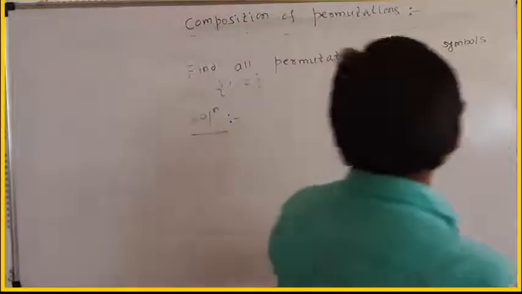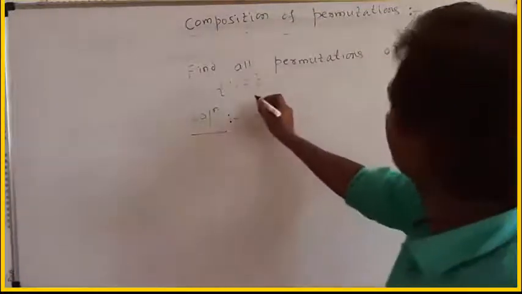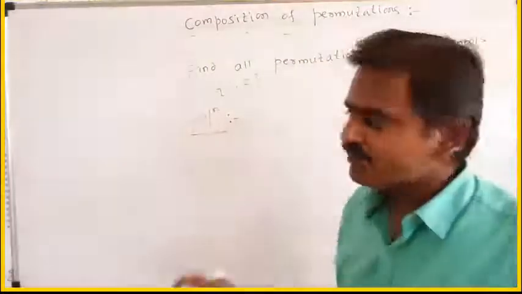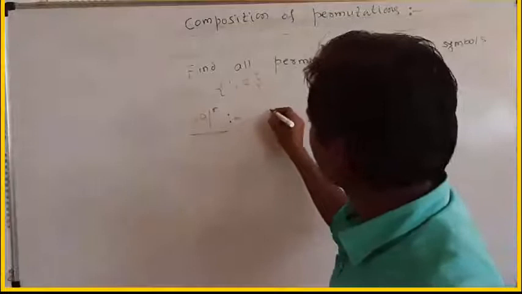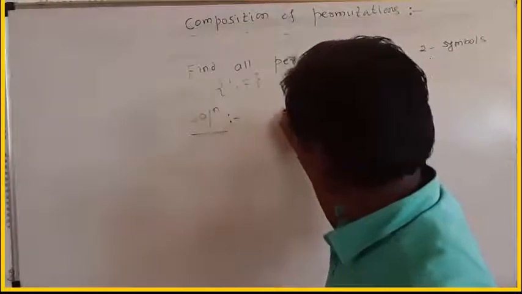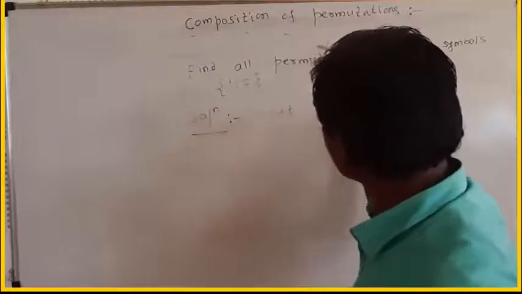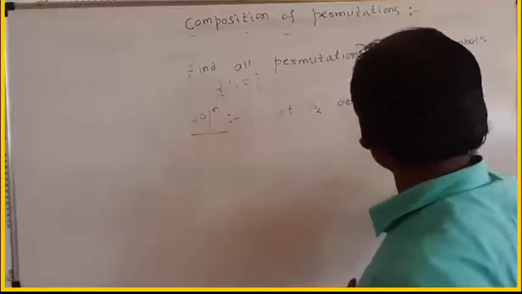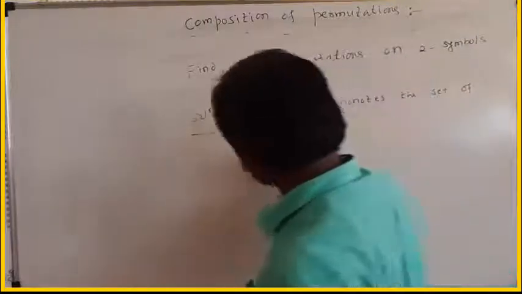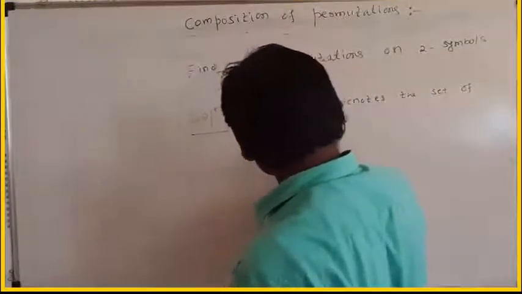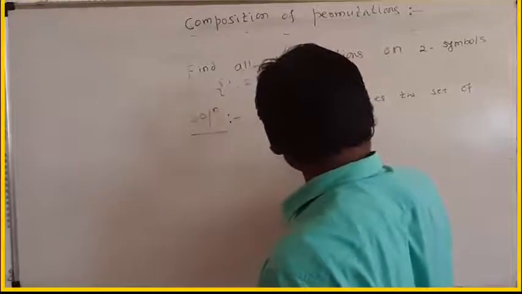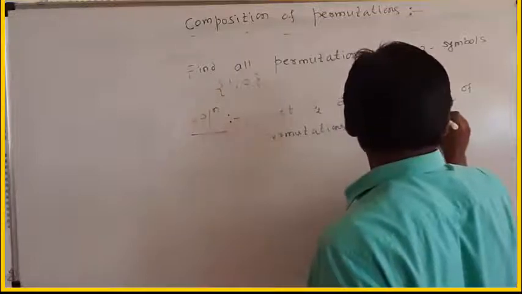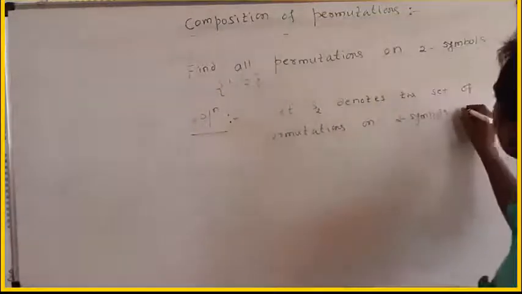Let S2 denote the set of permutations on two symbols 1, 2.